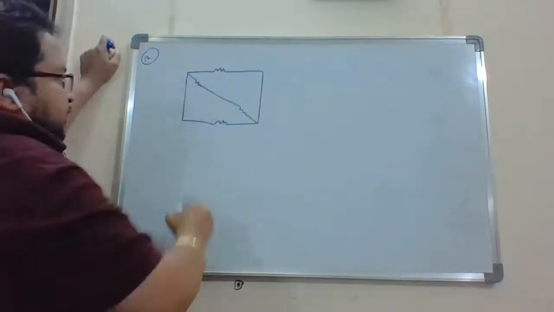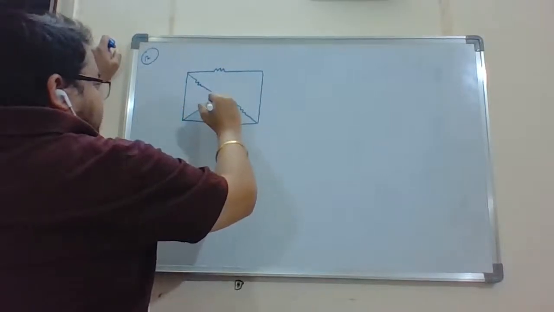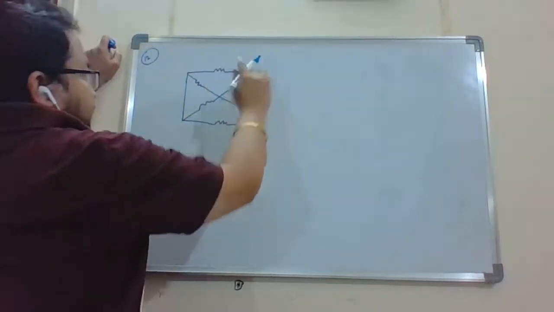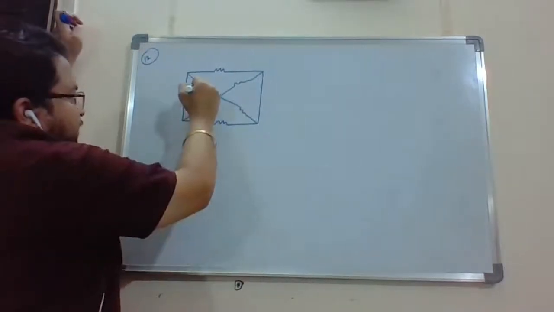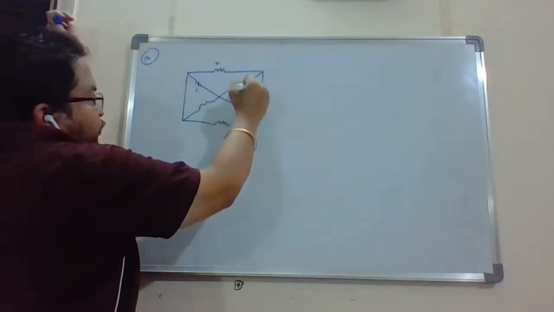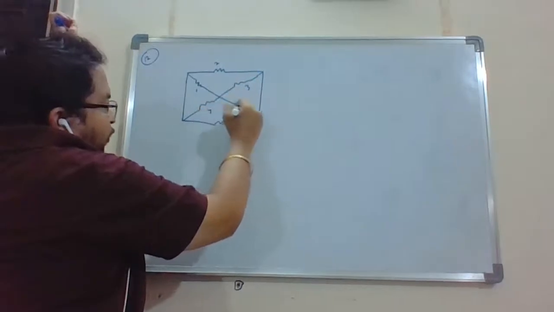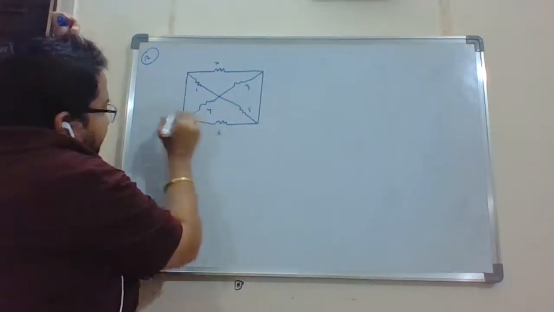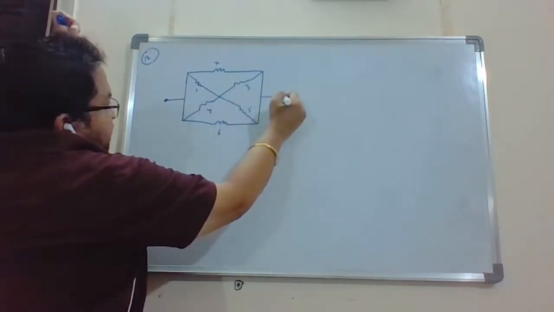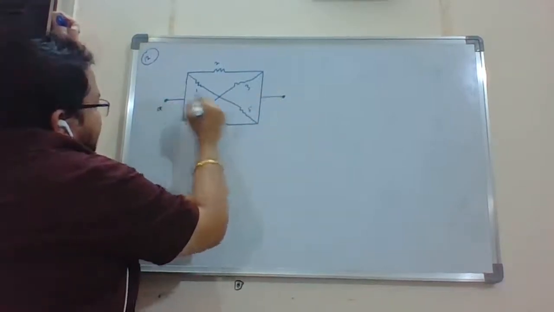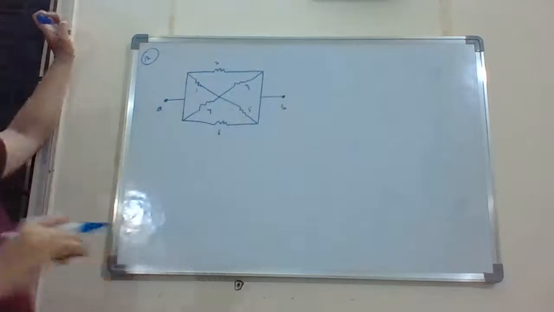This is one diagonal. Suppose I have the other diagonal also, right? In this scenario, let us number them: 1, 2, 3, 4, 5, and 6. And I want to find out the equivalent resistance across points A and B. Now let us try to find out.